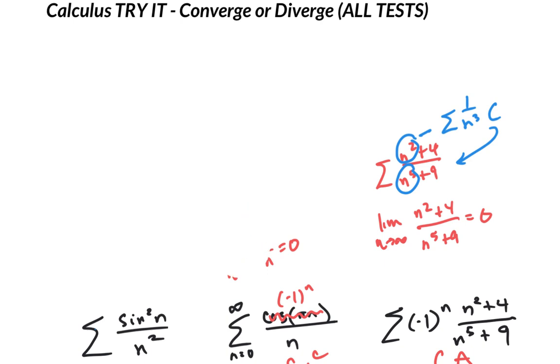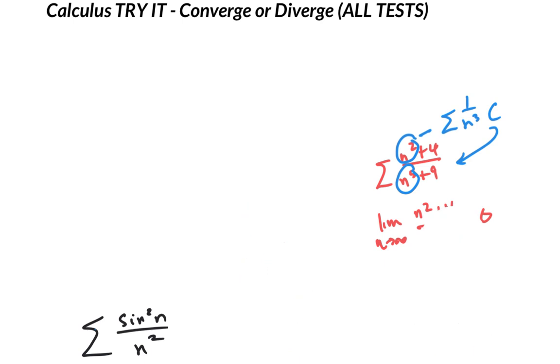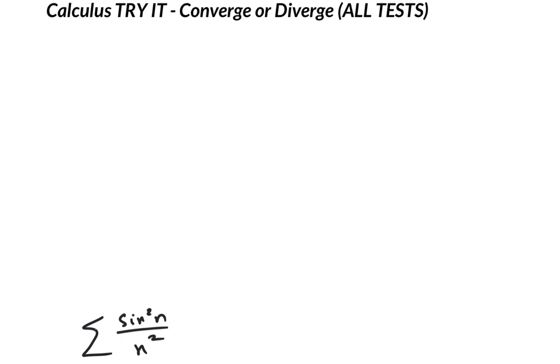All right, so let's finish with this last one. We have sine squared of n over n squared. My suggestion, whenever you have trig functions, is to bound them. I would think to myself, sine, of course, is between negative 1 and 1, but the minute you square it, you're between 0 and 1.